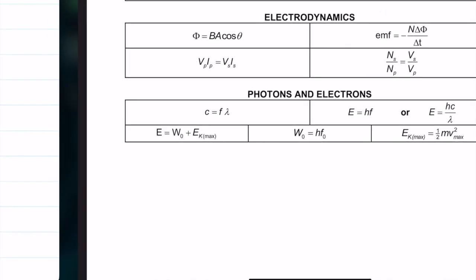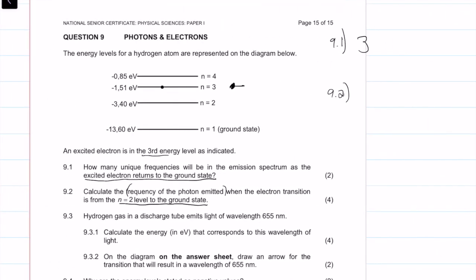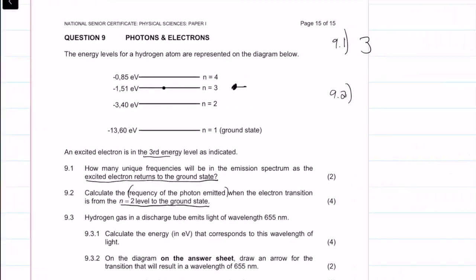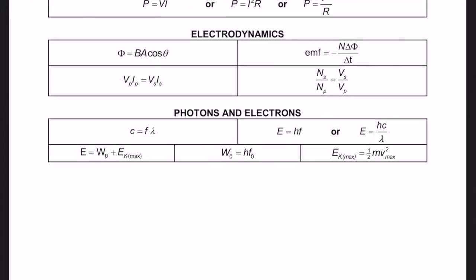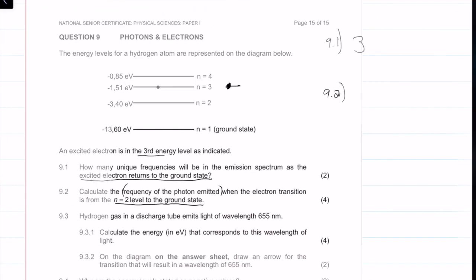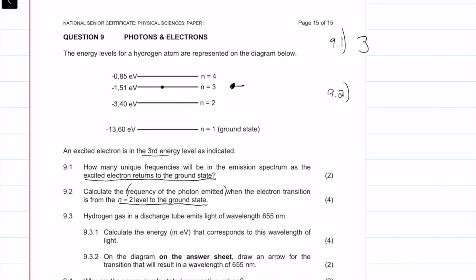So I have the diagram for energy essentially in electron volts. Using that, I can use row 1 column 2, the first equation, E equals hf. Because we're looking for the change in frequency or change in energy, change in E equals hf.